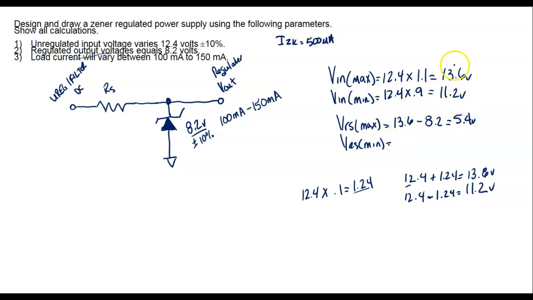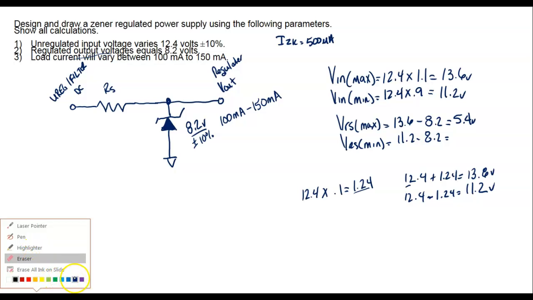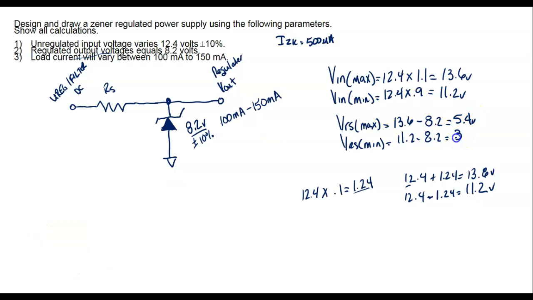This is going to be 11.2 minus 8.2. What does that give me? Yeah, 3. Good. So is everybody okay so far?